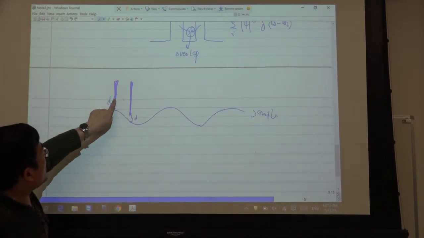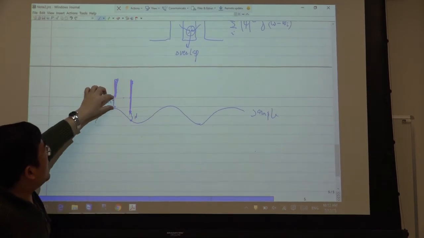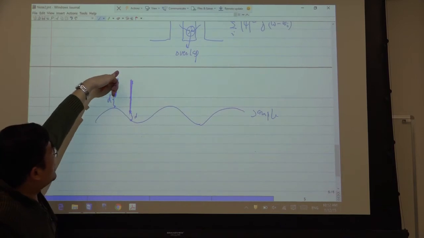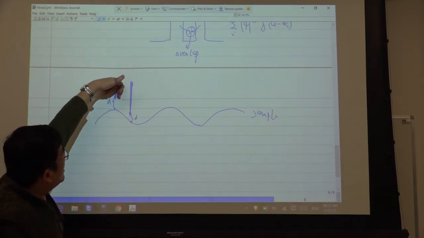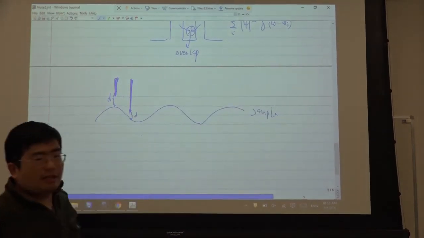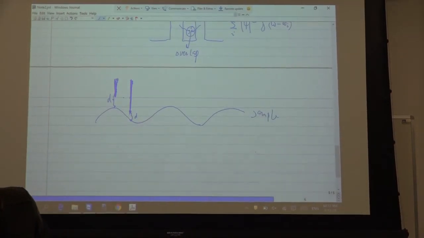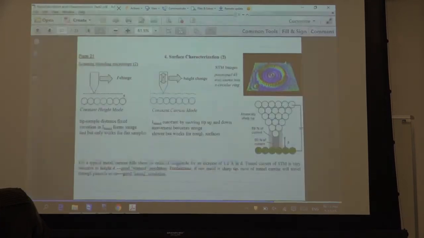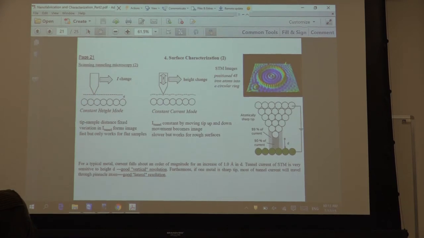If you are very far from it, there is no tunneling current. If you keep the tunneling current constant, the tip should move down and forward, along something like this. So this is called the constant current mode for the scanning tunneling microscope.